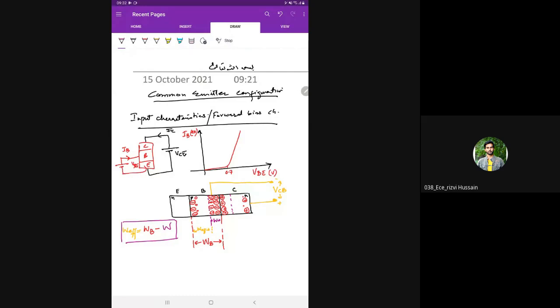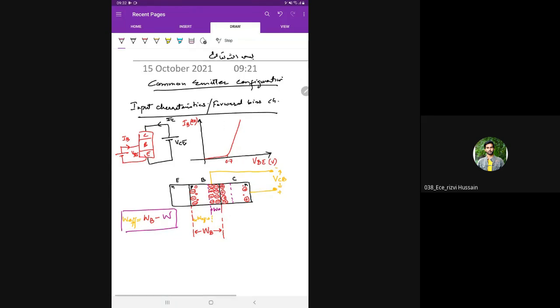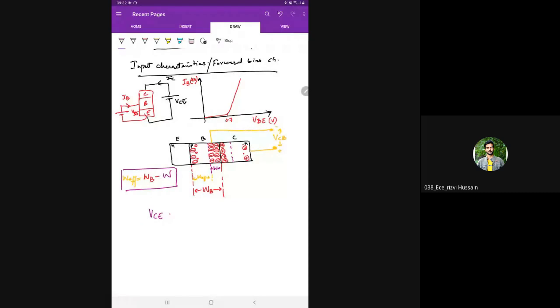And we also know that VCE, the voltage between collector and emitter, is equal to VCB plus VBE. How is it equal? See, VXY is basically equal to VX minus VY.